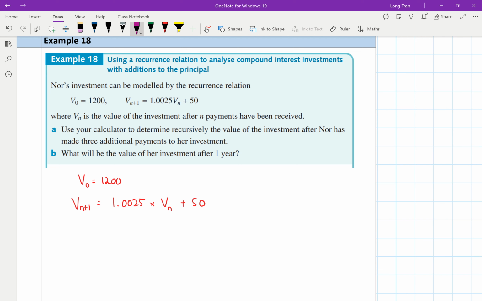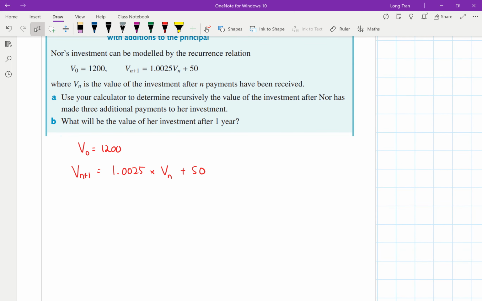So if I actually want to know the first 3 payments, then I already have V0, which is 1,200. If I want to find V1, this is the same thing as saying V0 plus 1. So I'm following the formula here. N has to be 0, plus 1 gives you V1.